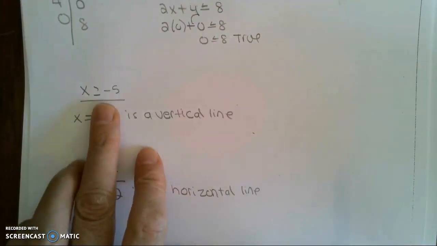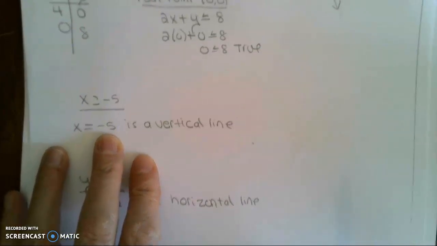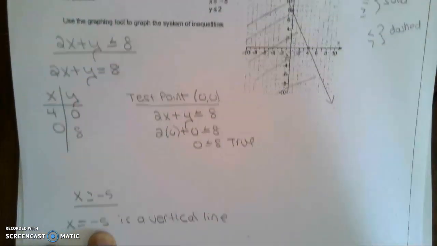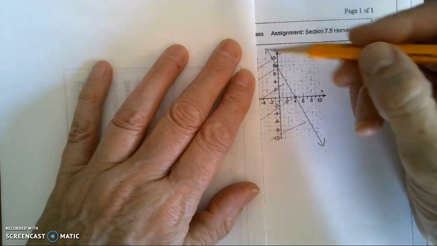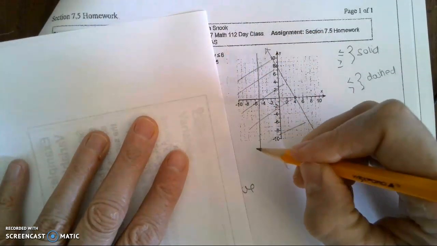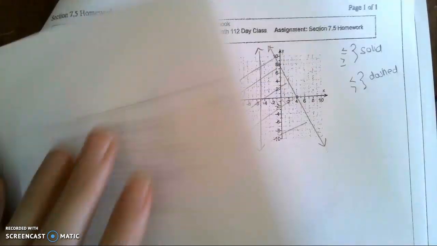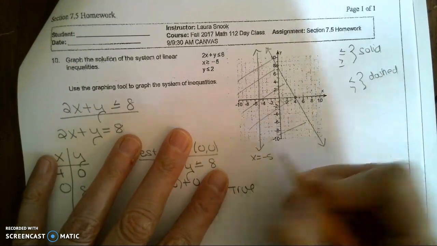The first one, if I set that equal, that's going to be a vertical line going through -5. So I'm going to go ahead and plot that here. In fact, while I'm at it, I'm going to go ahead and label these. This is x is equal to -5.